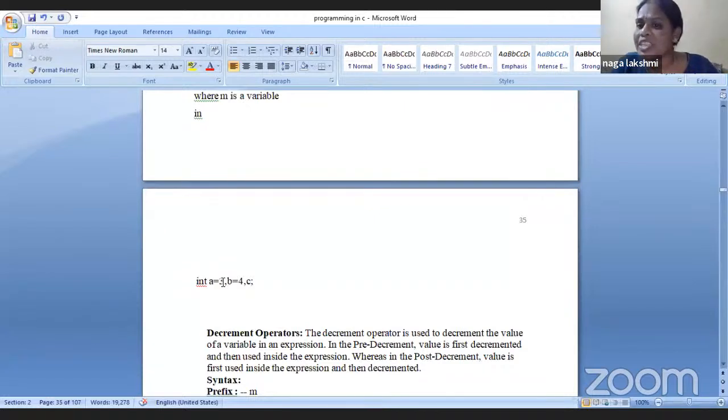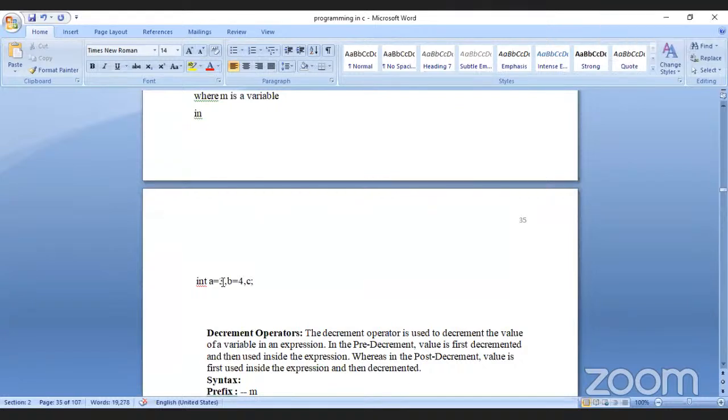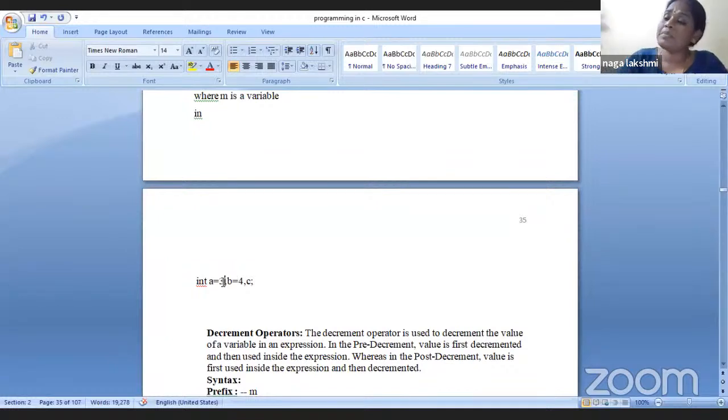But 3 will not change. 3 now, 3 tomorrow, 3 is always a constant. I cannot change 3, but I could change a's value, right? Sometimes I may take a equal to 12, sometimes a equal to 35,000. Whatever it is, a is changing its value, that's why I call a a variable.